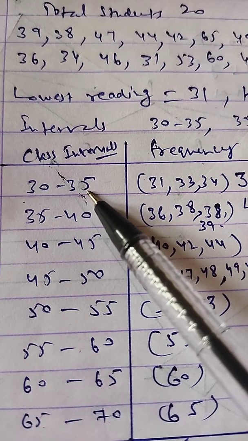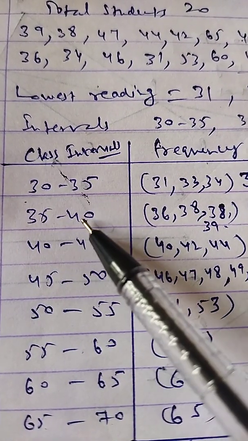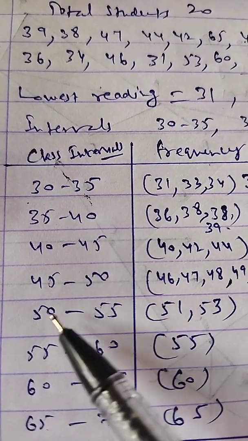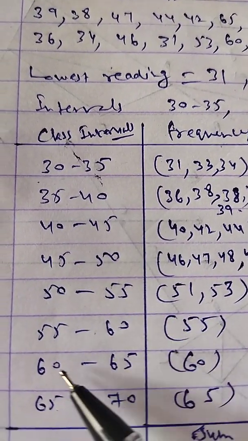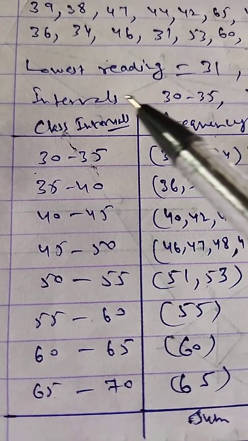The upper limit of the first class interval is the lower limit of the second, and so on. These will always be matching. Such data is called continuous data or exclusive data.